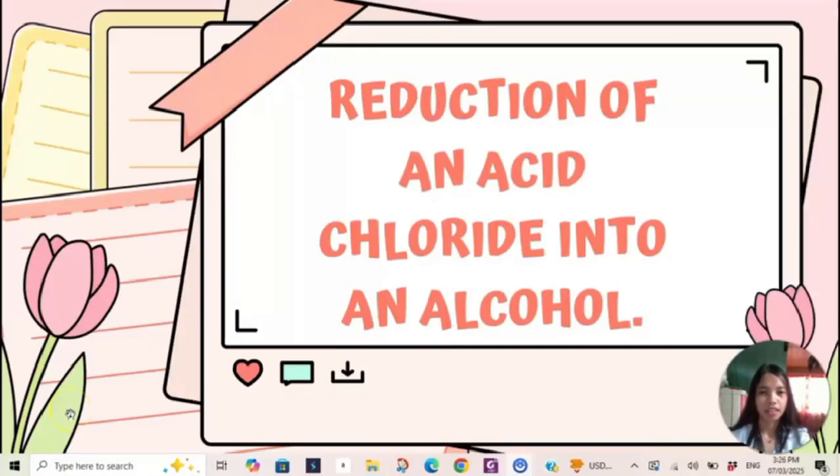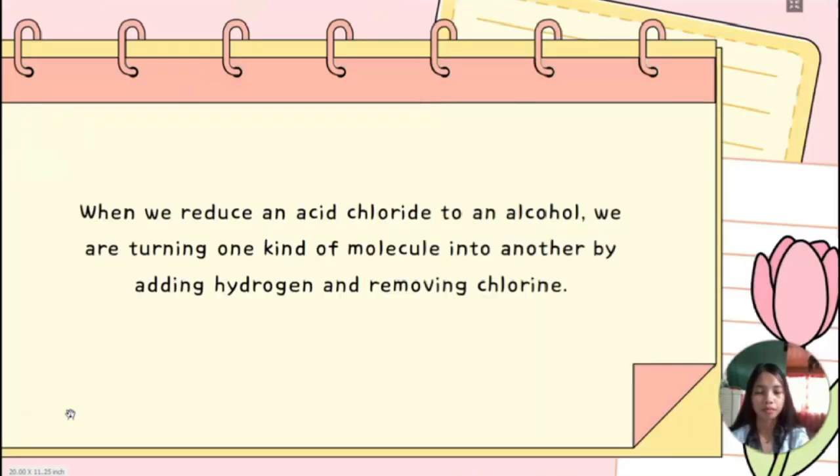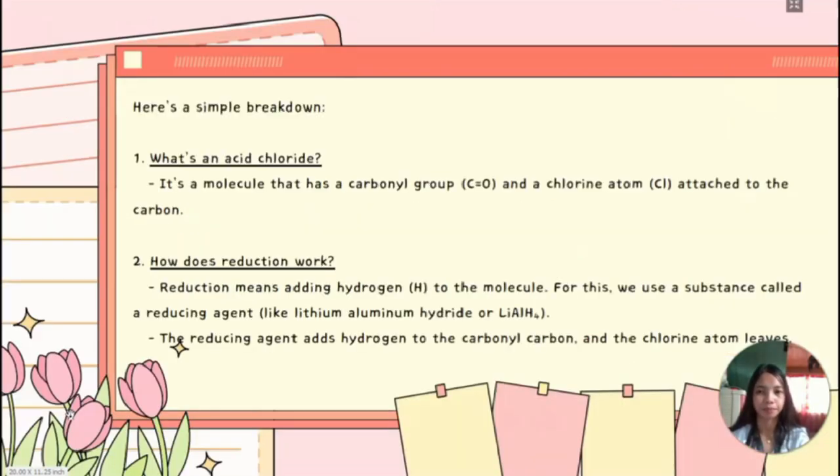Reduction of an acid chloride into an alcohol. When we reduce an acid chloride to an alcohol, we are turning one kind of molecule into another by adding hydrogen and removing chlorine. Here's a simple breakdown. What's an acid chloride? It's a molecule that has a carbonyl group and a chlorine atom attached to the carbon.